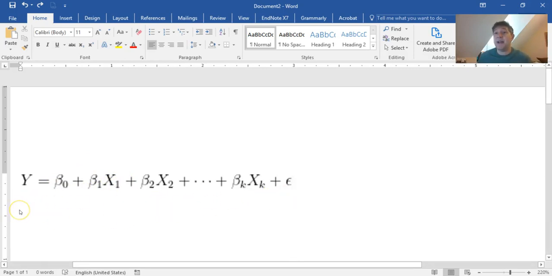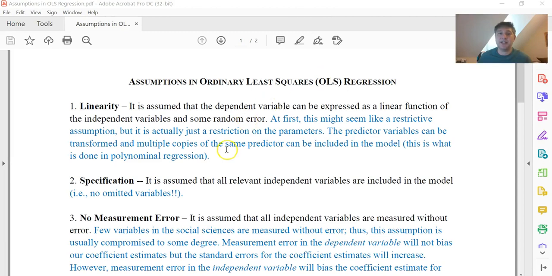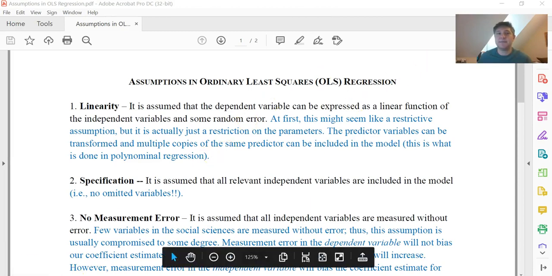That is what makes it linear in its functional form. So the actual predictor variables can be in whatever form, but that they're expressed as a linear function of one another is what that assumption really means.